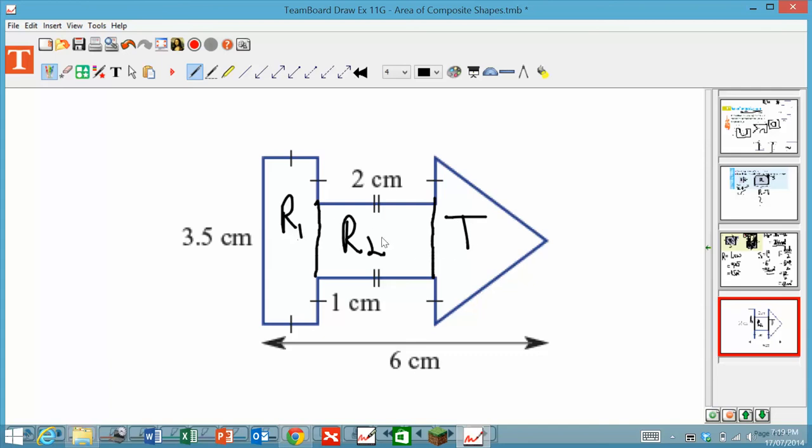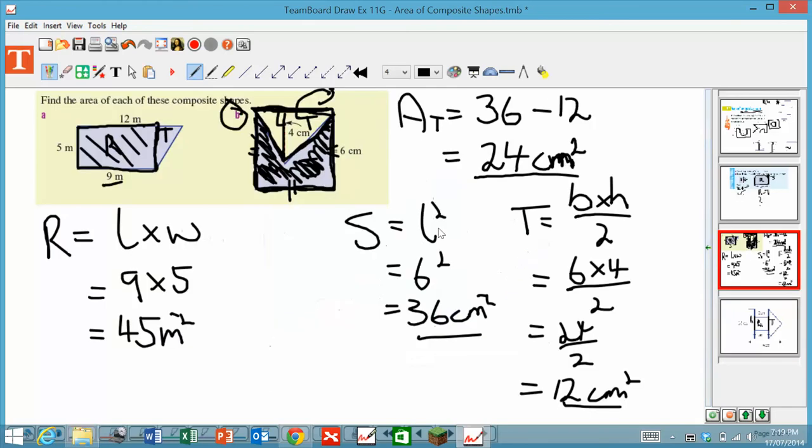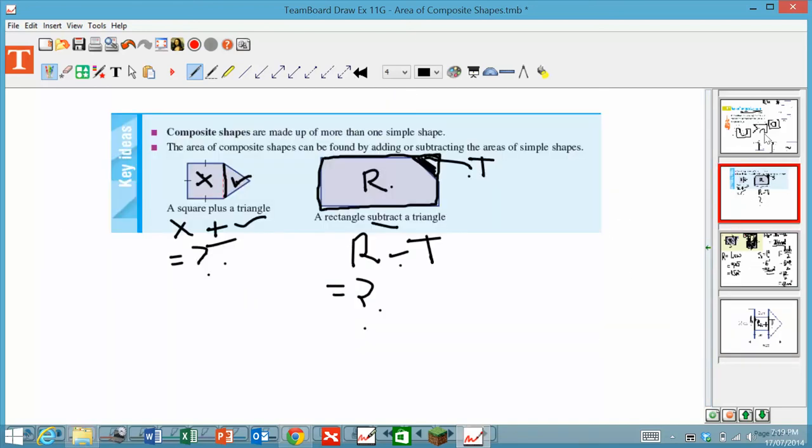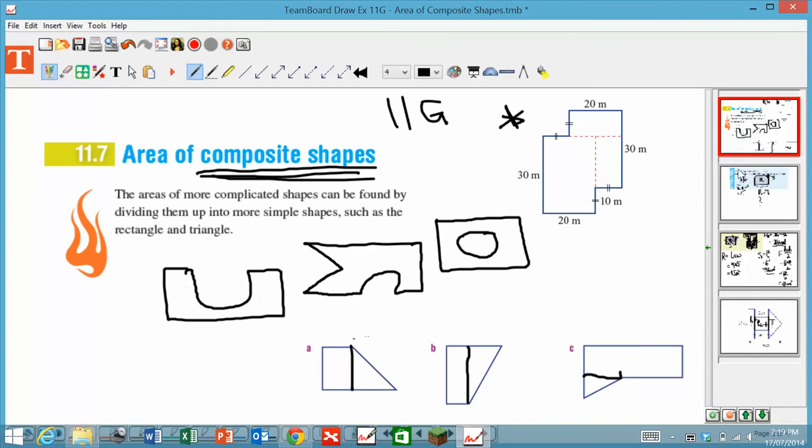So there'd be 4 calculations in total, compared to these ones where I did 3: calculated my square, calculated my triangle, got my total. Here I've got to calculate this rectangle, then this rectangle, then this triangle, and then add them all together. That is how you approach composite shapes, and that's what composite shapes are.